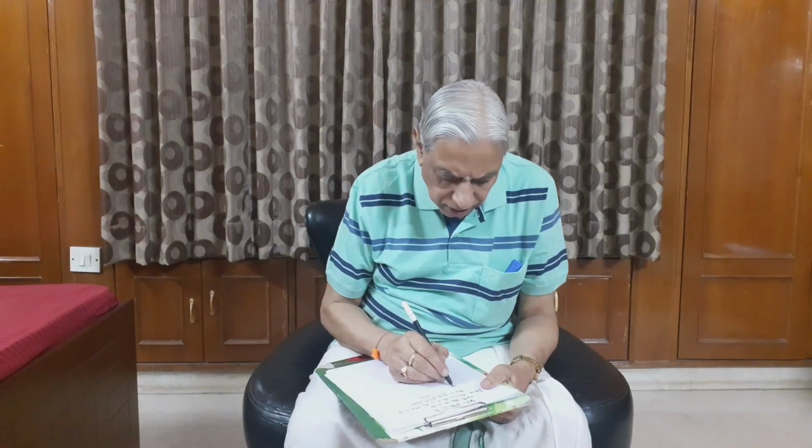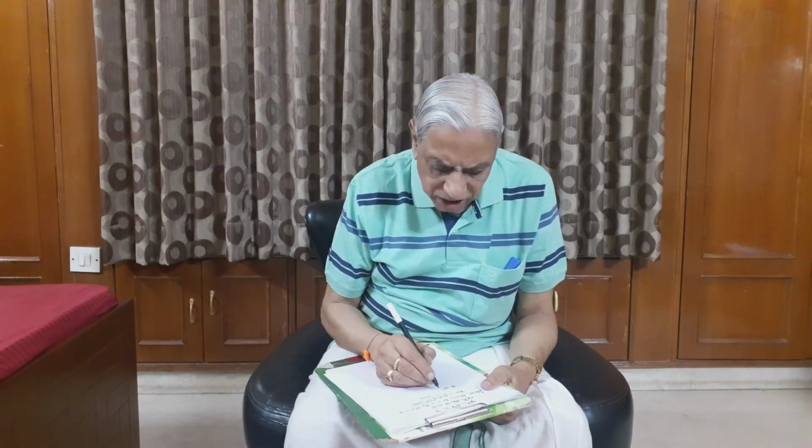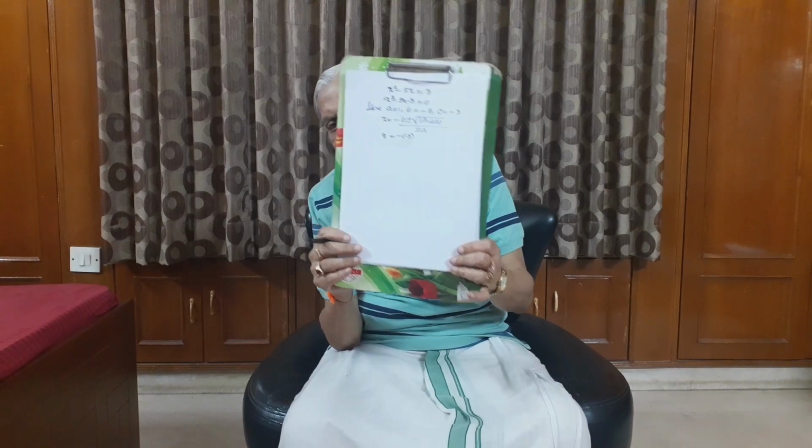So x is equal to, minus b means minus of minus 5. Notice? Minus of minus 5. Be very careful again. Plus or minus square root of b squared, and b is minus 5, so minus 5 the whole square, minus 4ac. 4 into 1 into minus 3.